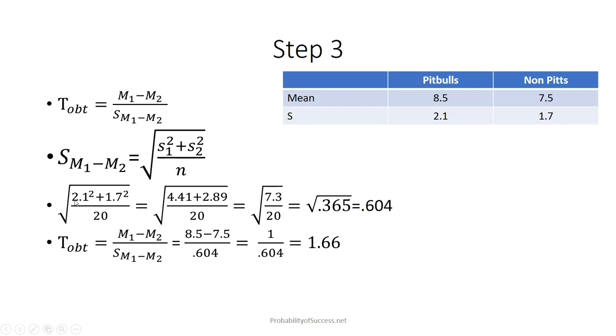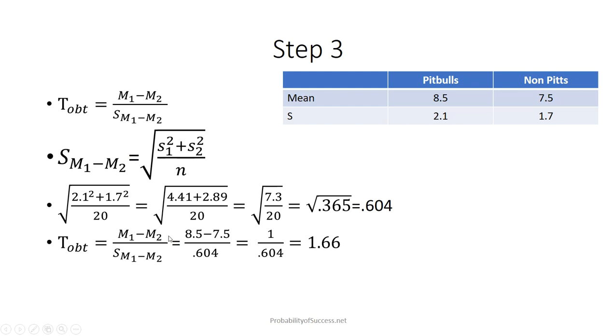It's going to be 2.1, because that's what it is for pit bulls, squared, plus 1.7 for non-pit bulls squared. So that's going to equal 4.41 plus 2.89. We add those two values together, which gives us 7.3. So our value is 7.3 over 20, which gives us 0.365. Then we take the square root of that value, which gives us 0.604.